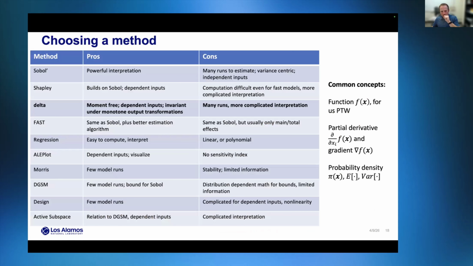But first, I'm going to talk about a couple more approaches that we'll compare all of them at the same time. These are the indices that we'll call delta indices, or moment-free sensitivity. The way that we talked about Sobol was very variance-based, variance of the conditional expectation. And the way that we talked about Shapley was also based on the variance of the conditional expectation.